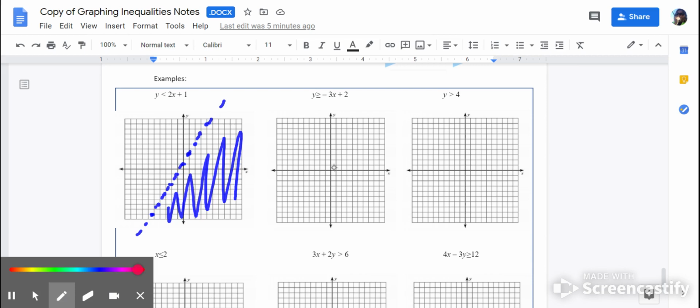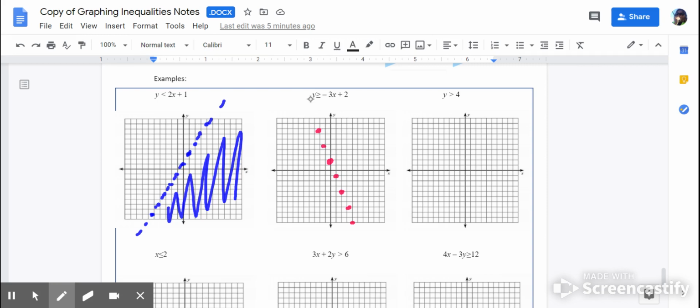Okay. Start at my y-intercept for number 2, which is positive 2. I have a slope of negative 3x, so I go down 3 to the right 1. Or I can go up 3 to the left 1.